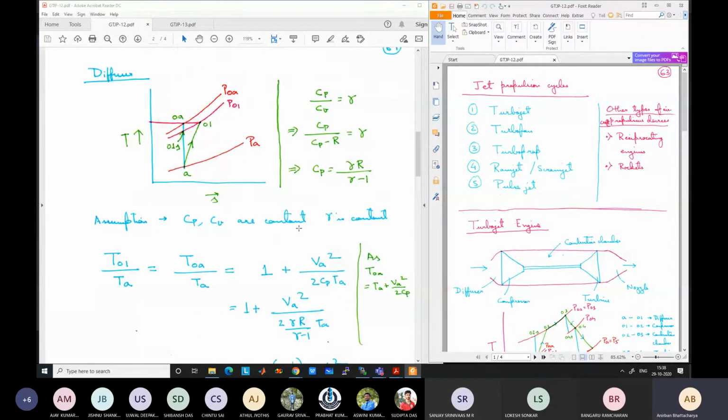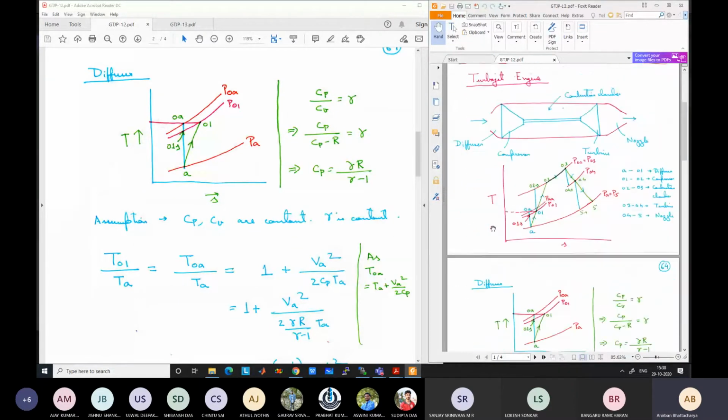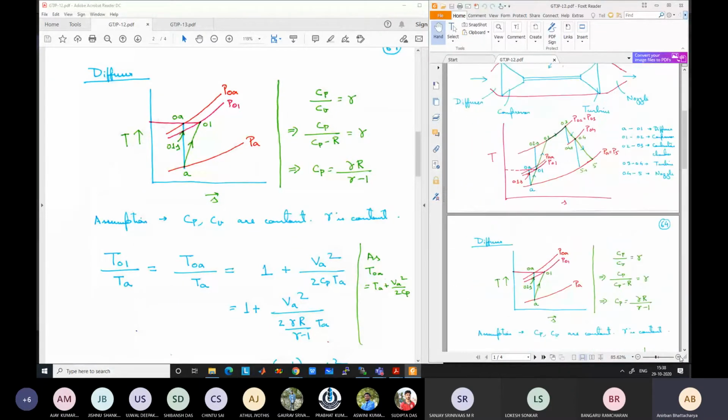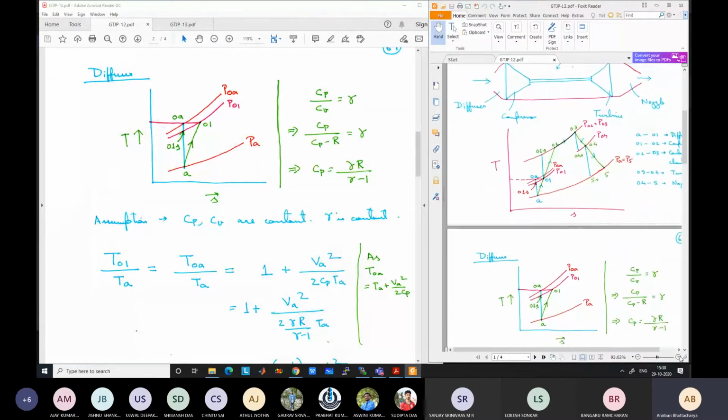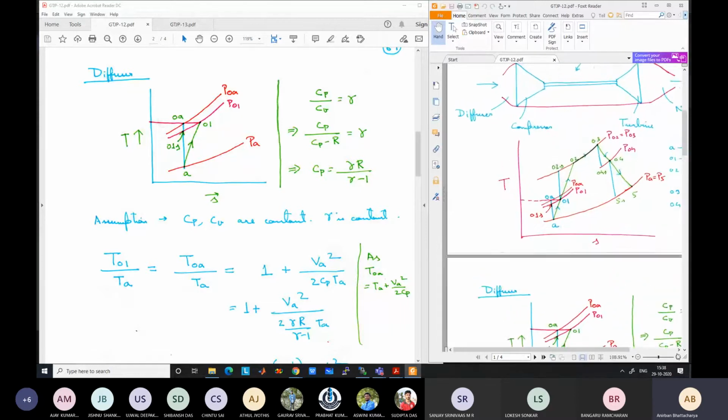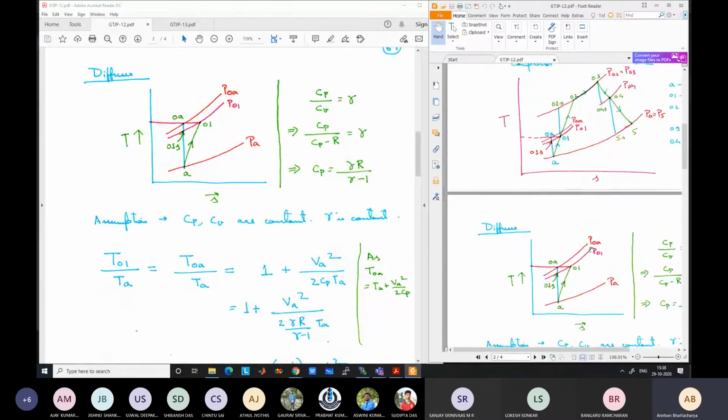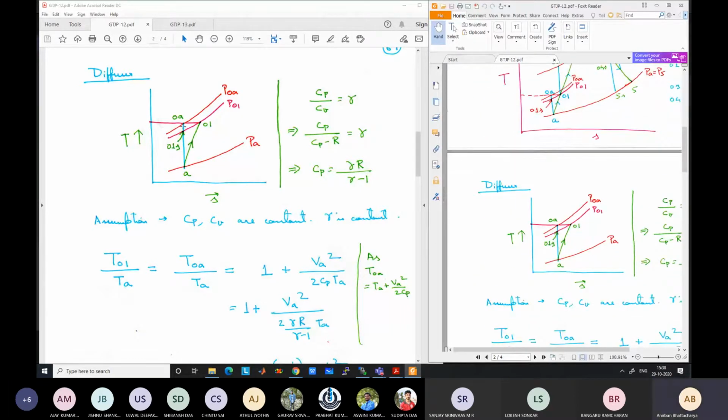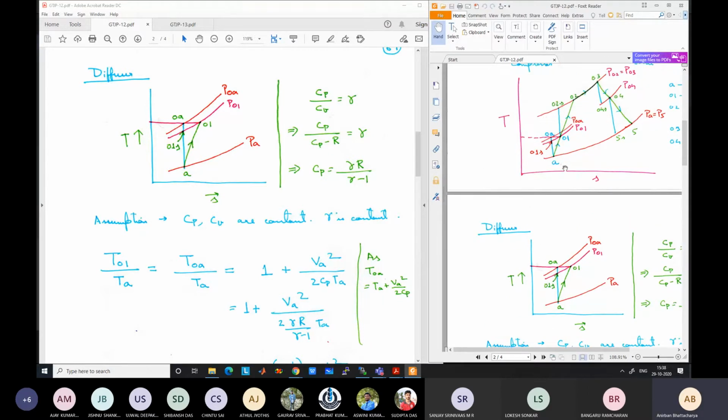So let us take a look at the diffuser part. Okay, let us keep this open here in case we need this later on. So we were discussing the entry velocity condition at the inlet of the diffuser.